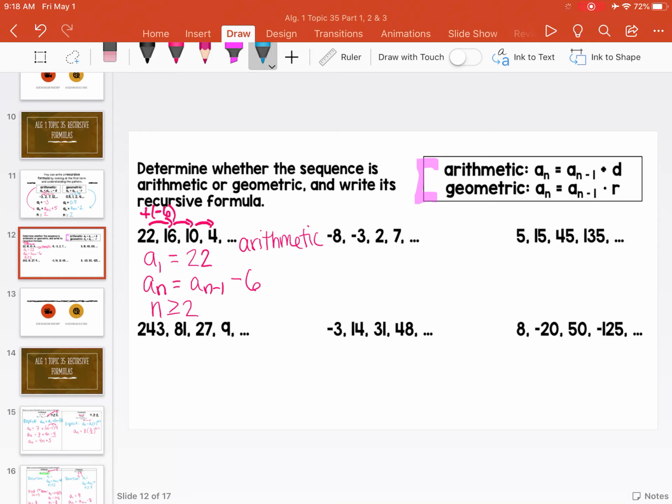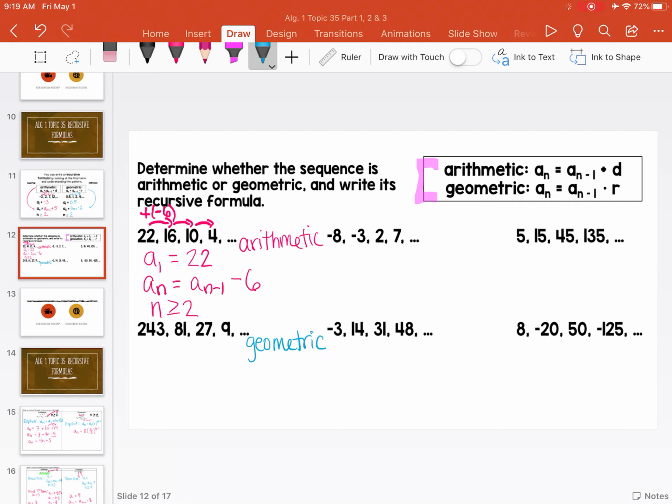Looking at the example below, we have 243, 81, 27, and 9. With this example, it doesn't seem like these numbers on the number line are evenly spaced out. I can't use one number to either add or subtract to get to the following number. So this is a geometric sequence.